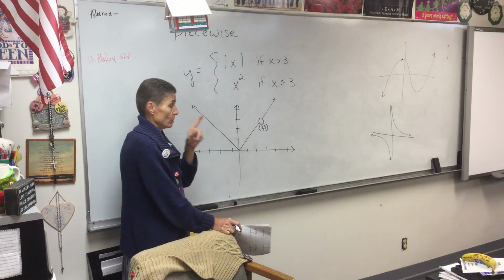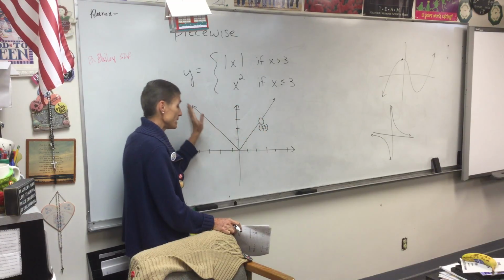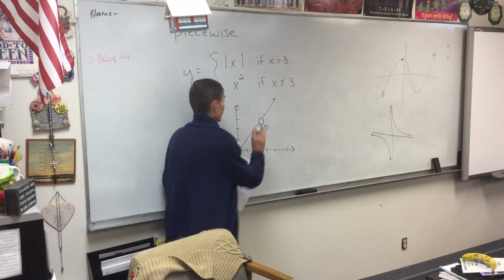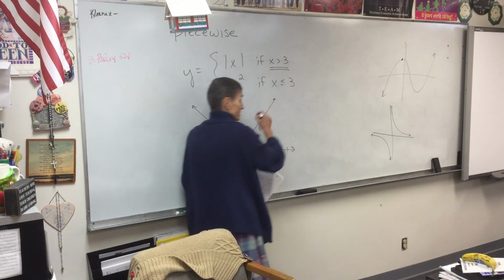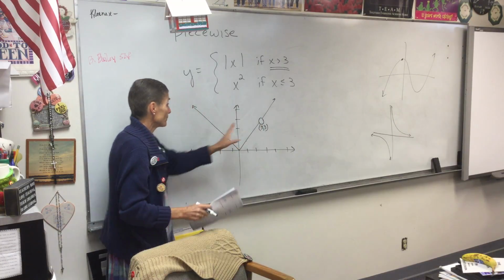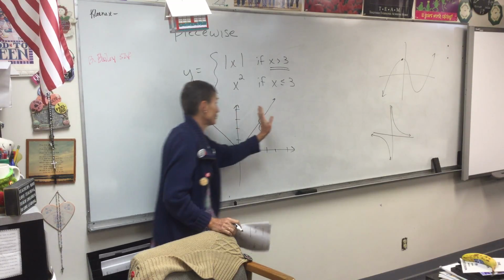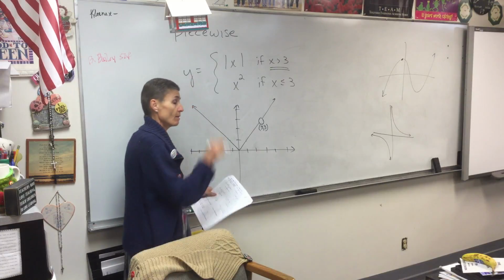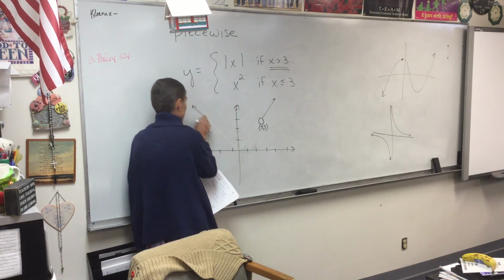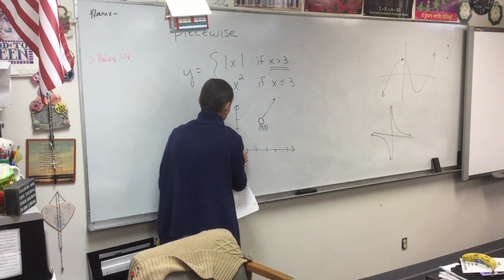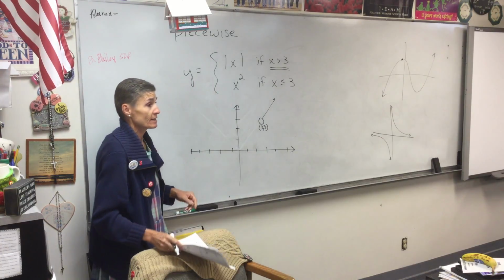Okay, now, do I want the left piece of my v, or do I want the right piece of my v? Look right here. What do you think? X is greater than 3. Do you think you want this piece, or do you think you want this piece? That one over there. So we're simply going to erase this. Now, those of you that are using pencil like you're supposed to, that's not a problem.